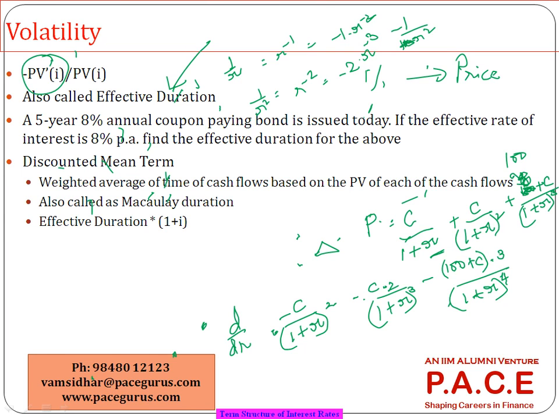So basically it is going like this. It can very well be taken, if I take the minus out, as minus of C by 1 plus R whole squared, plus 2C by 1 plus R whole cube, plus 3 into 100 plus C by 1 plus R to the power 4.